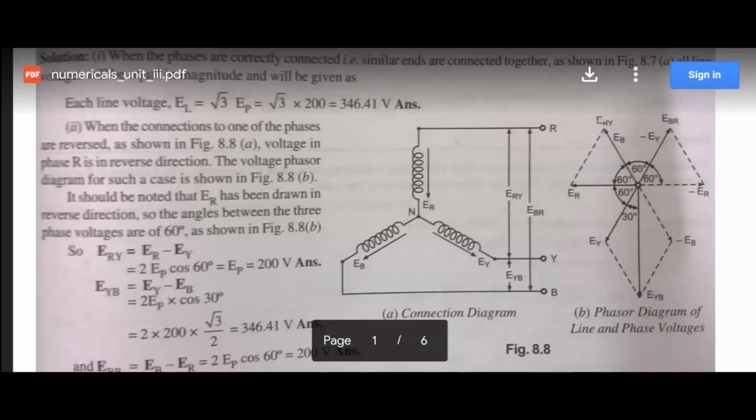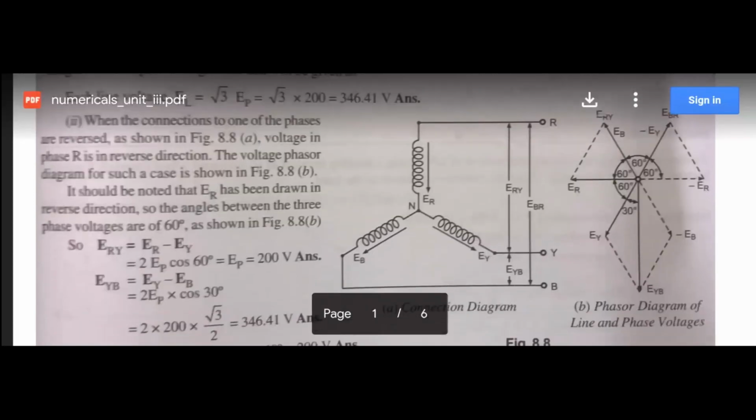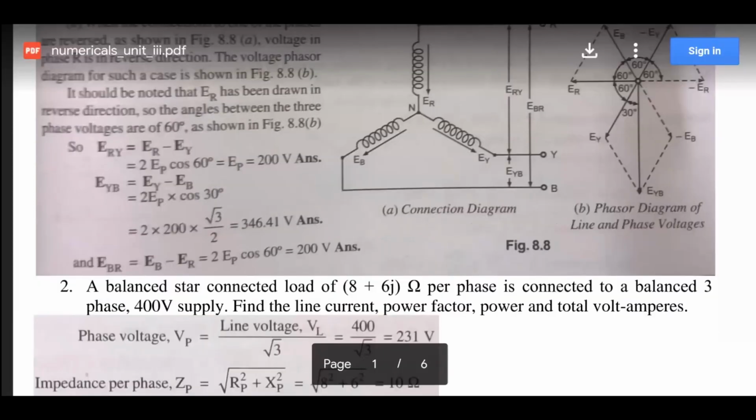Resolving that, we get the value as 346.41 volts. Similarly, we can calculate the third line voltage as well, which is EBR.